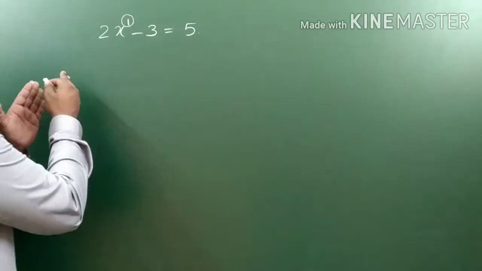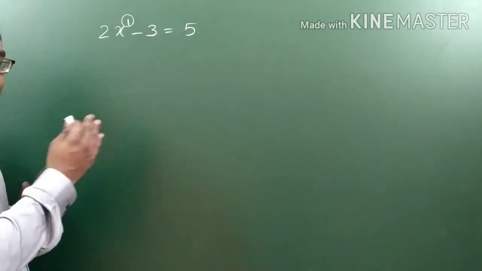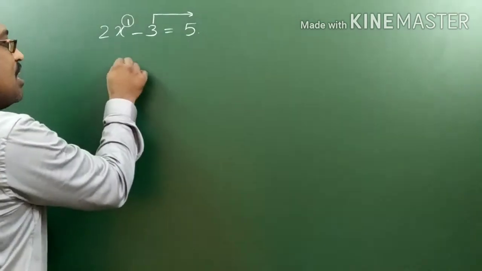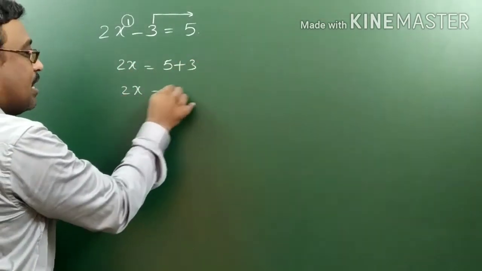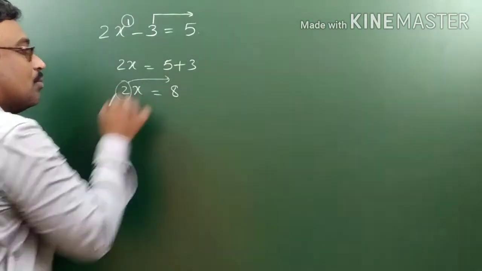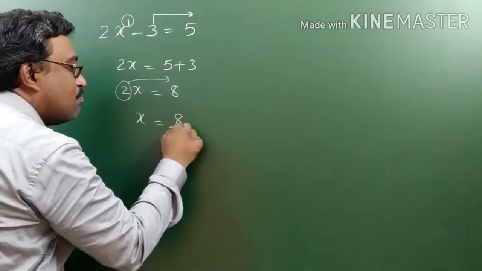Now, how to solve this linear equation? That is nothing but transposition. Transfer minus 3 to the other side and it becomes 5 plus 3. So 2x is equal to 8. Then transfer the 2 to the other side, so x is equal to 8 by 2.